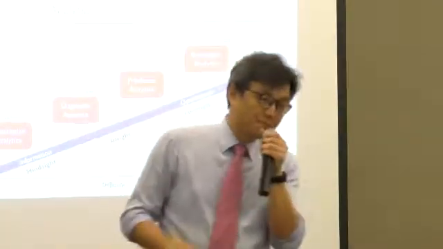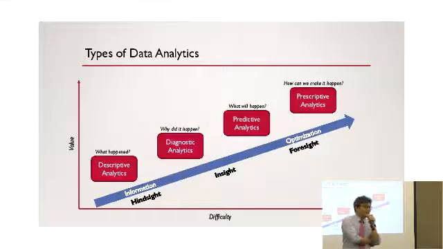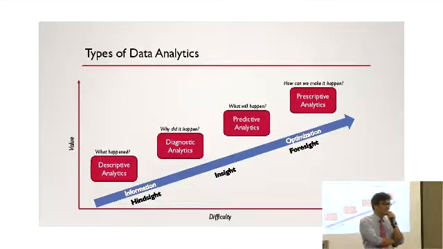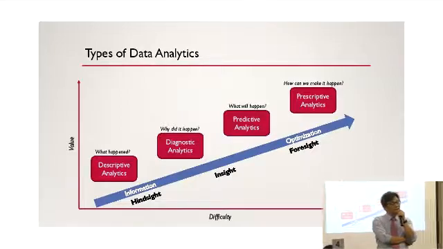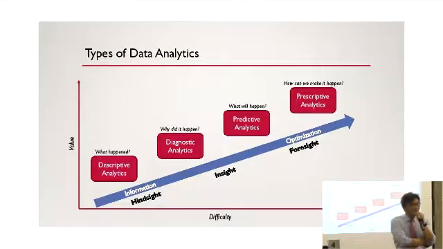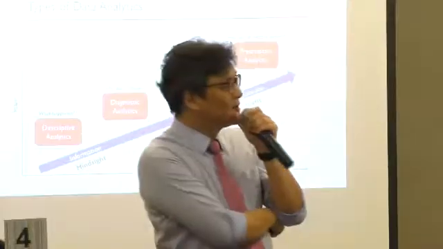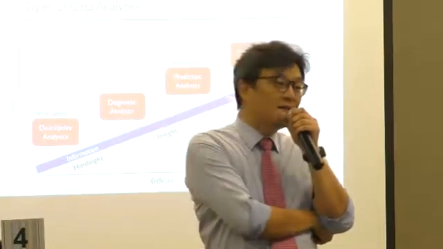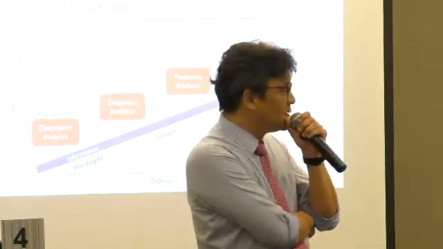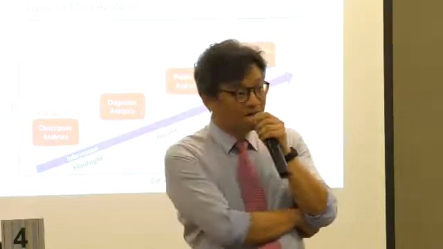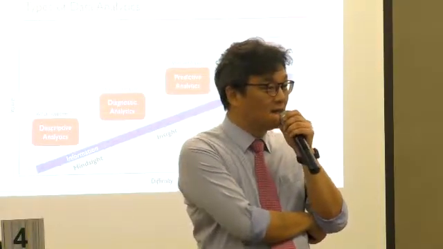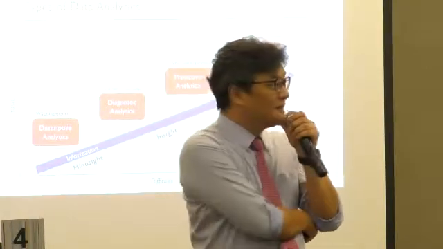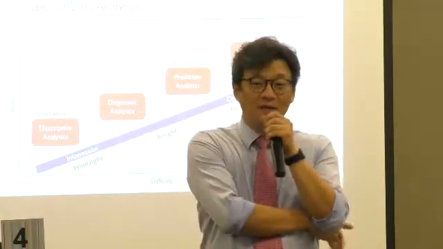Okay, so we need to talk about the different types of analytics objectives. Typically in academia, we classify analytics into 4 different types, depending on the objective. So we have descriptive analytics, where the main purpose is to answer the question, what happened? Is there something interesting that happened in my data?